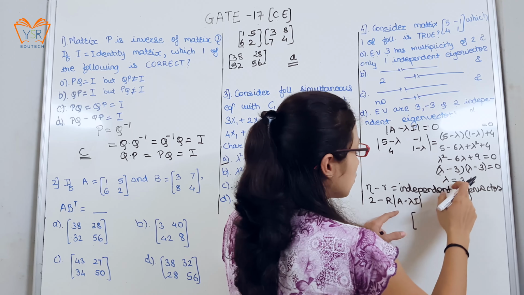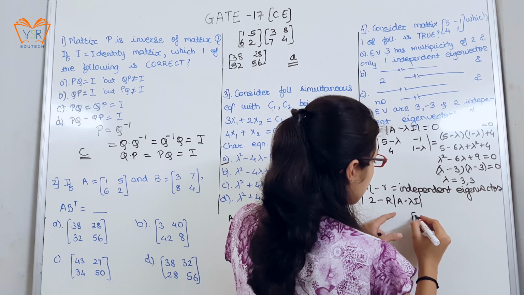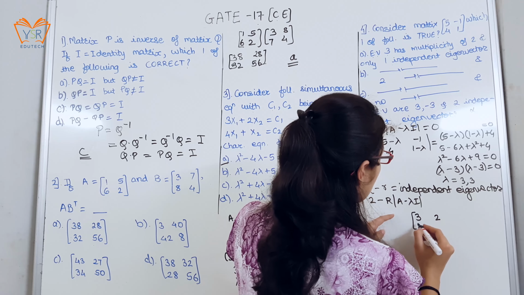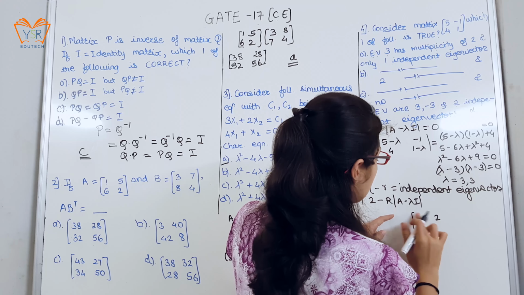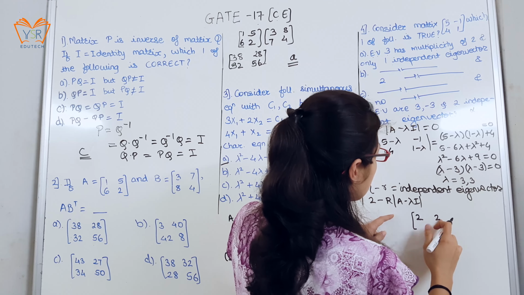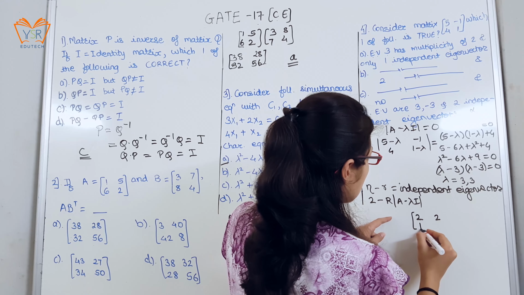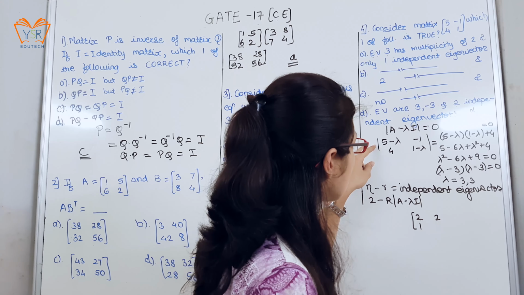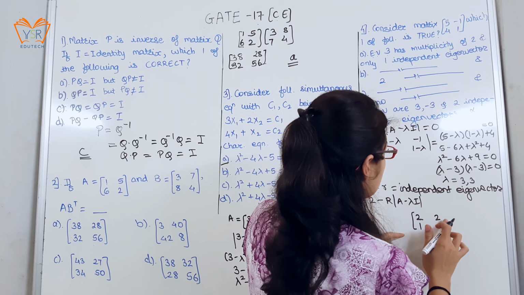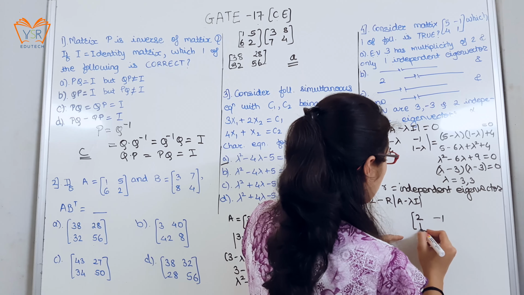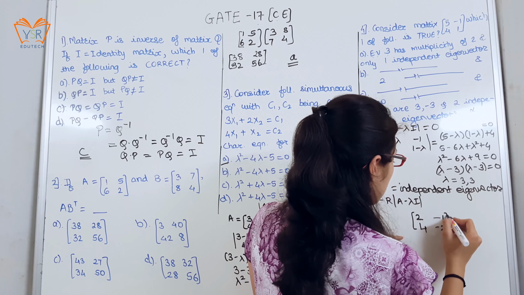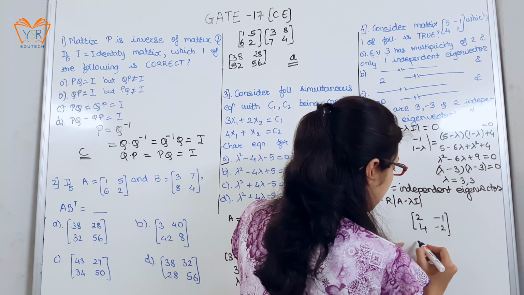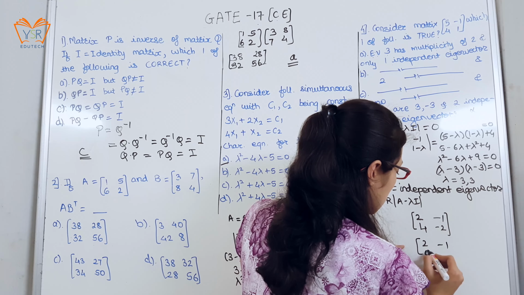We'll put the eigenvalue in this equation. We'll get 5 minus 3 is 2, minus 1, 4, and 1 minus 3 is minus 2. Now if we apply the elementary operations here, the resulting matrix will be 2, minus 1, 0 and 0.